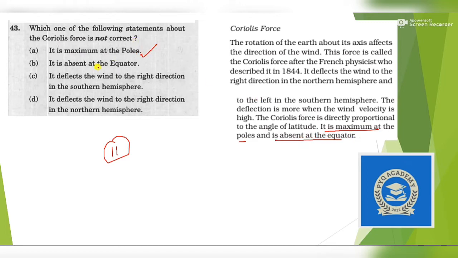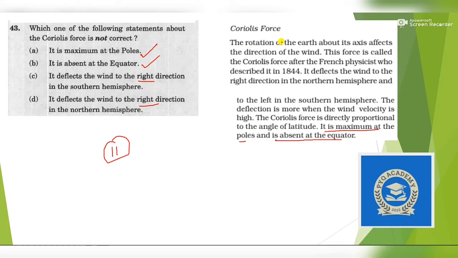So this is correct. Then it is absent at the equator. This is also correct. It deflects the wind to the right in the southern hemisphere and it deflects the wind to the right. So it will deflect differently in different hemispheres. So definitely one of these two statements is wrong.